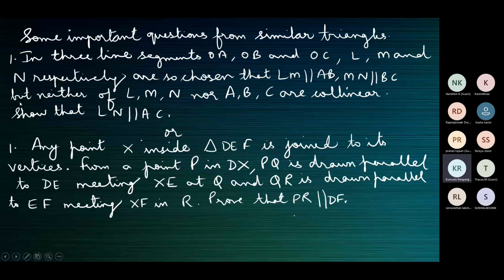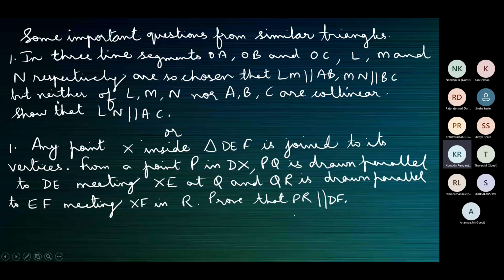Look at this. But neither of LMN nor ABC are collinear. When 3 points are not collinear, they form a triangle.